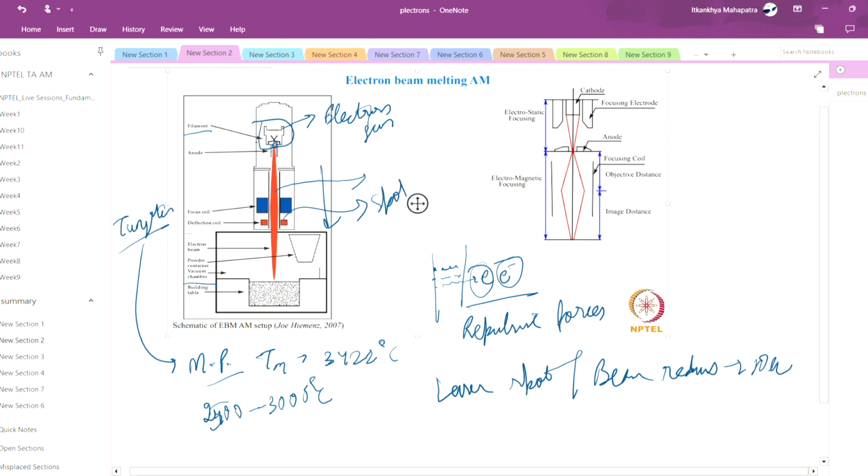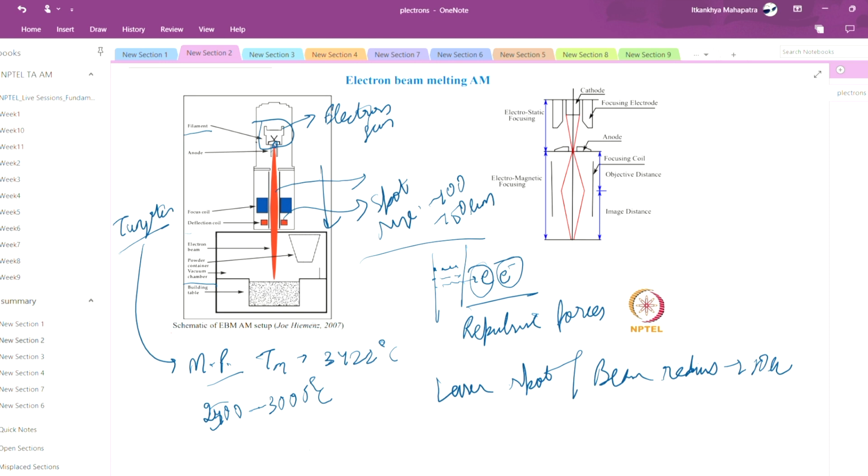The spot size is around 100 to 150 micron because of this electron repulsion. When we use such a size, the surface finish of the final component will be rougher compared to the laser beam additive manufacturing process. So this is a question in the assignment.